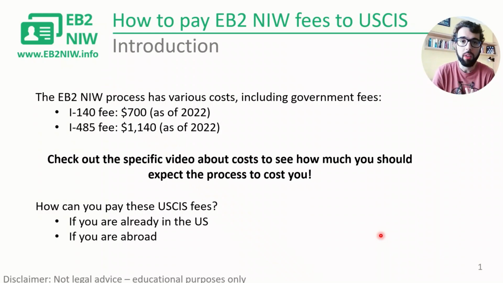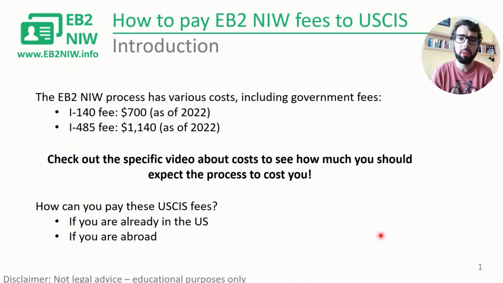Alright, so the EB2 NIW process has multiple types of costs. We have a video that talks about the costs of the overall process and it breaks down the different costs, so you can see what are the government fees, what are other types of fees, including if you choose to go with a lawyer. Although this channel focuses mostly on people that are trying to do the process by themselves without lawyers.